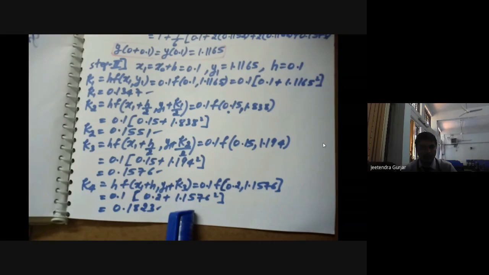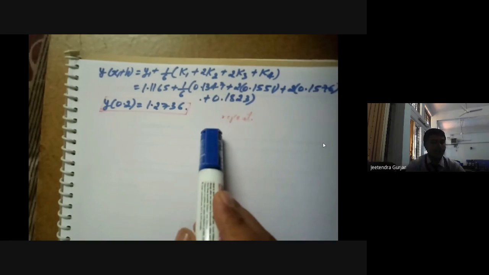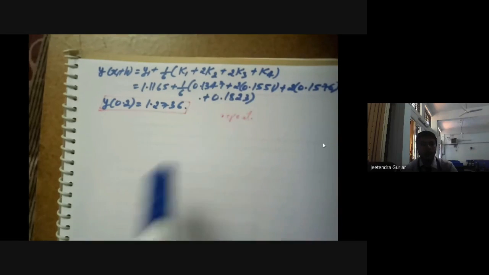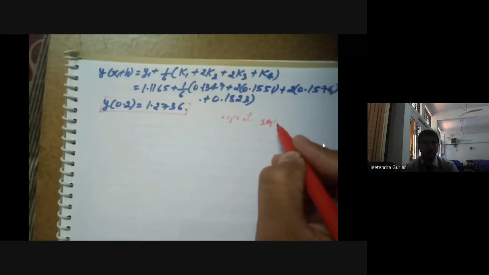Taking all these values, substitute in the Runge Kutta fourth order formula, that is y of x1 plus h is equal to y1 plus 1 upon 6 in the bracket k1 plus 2k2 plus 2k3 plus k4. When you substitute all the values correctly, you have to get y of 0.2 is equal to 1.2736. So this is how we have to calculate this, students.